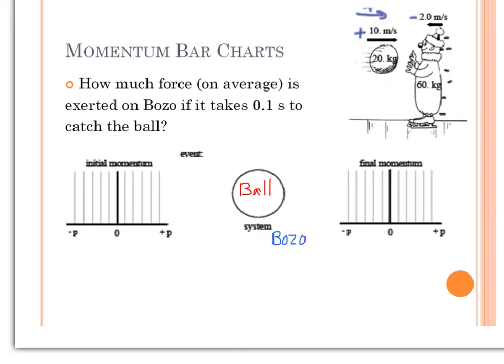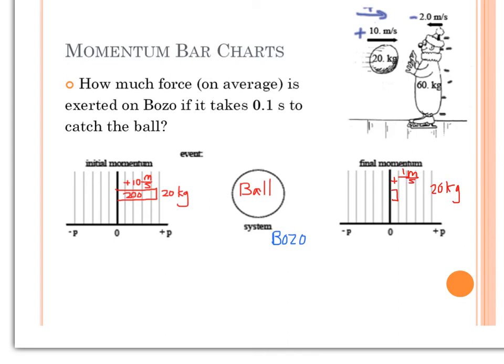So we want to think about how much the ball's momentum is changing in this story. The ball initially, with a mass of 20 kilograms, is moving forward, positive 10 meters per second, for a total momentum of 200. After the ball has been caught, it still has a mass of 20 kilograms, but we determined by applying conservation of momentum that the ball now has a velocity of positive 1 meter per second.